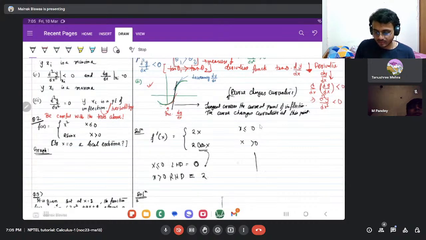So you have your derivative function f dash x. How will it look? For x less than 0 it is 2x, right? Something like this. And for x greater than 0 it's 2 cos x. So you see, is the derivative function continuous?